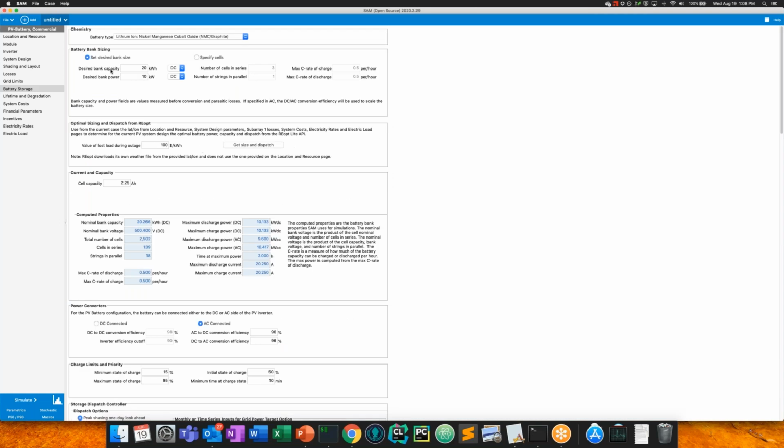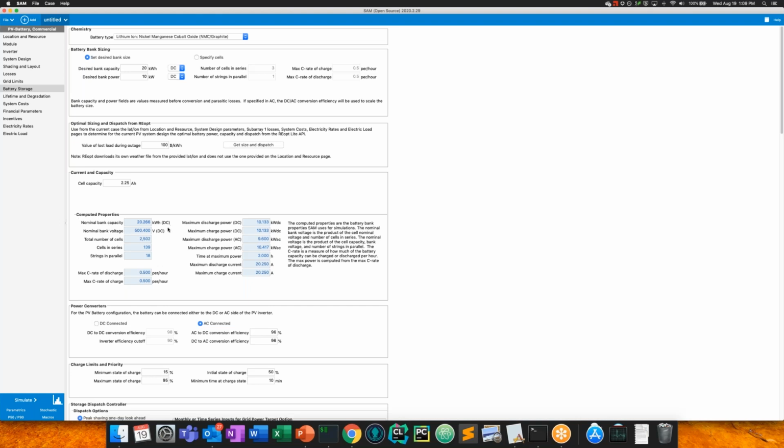Those three values are used in this auto sizing feature. When we select a desired bank capacity of 20 kilowatt hours and a desired bank power of 10 kilowatts, we can see how the configuration is computed here.